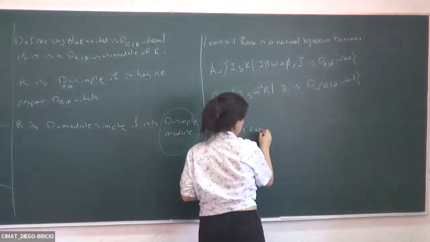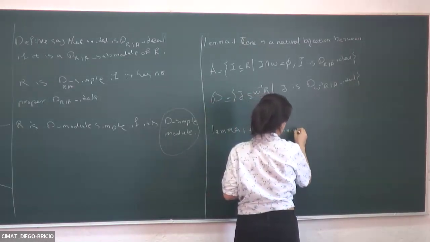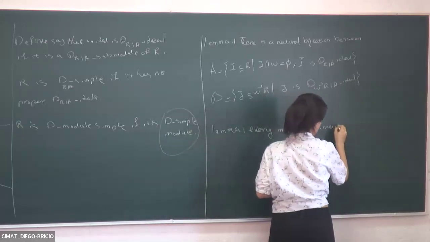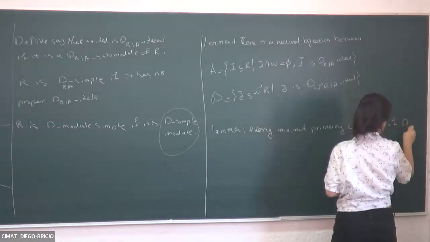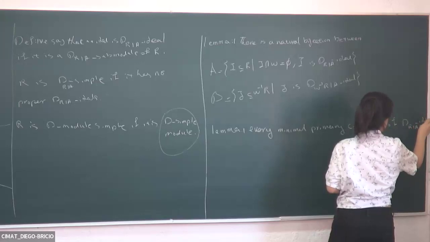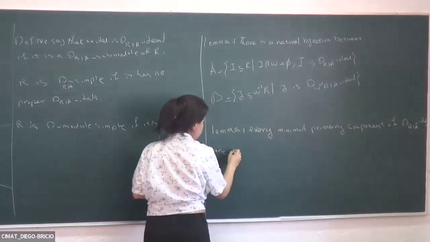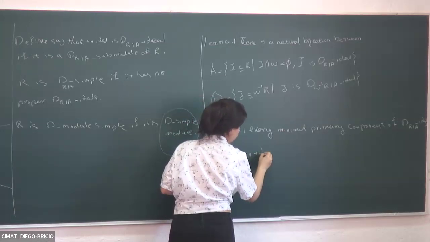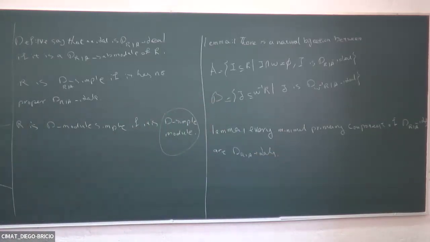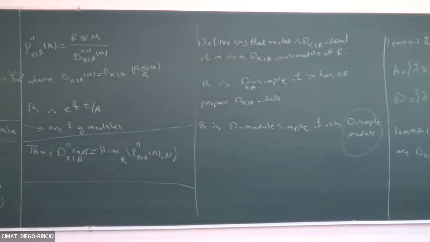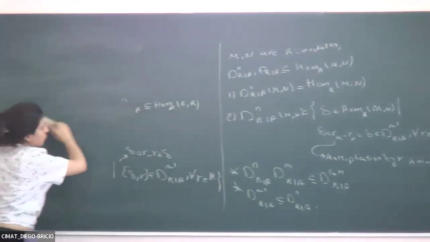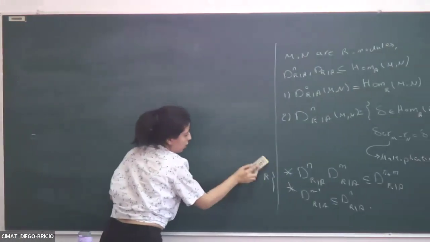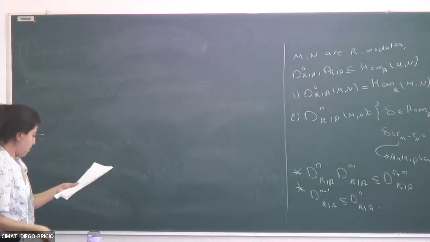So every minimal primary component of a D over R ideal is a D over R ideal. Okay.